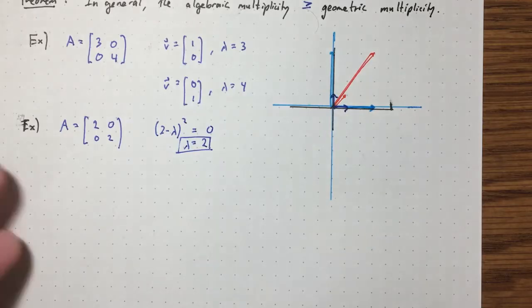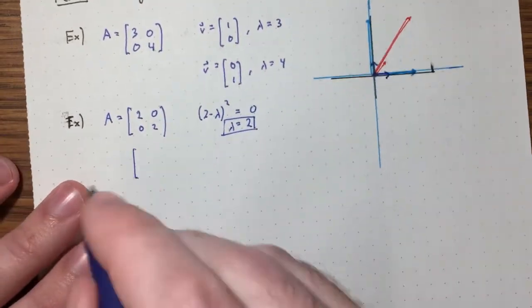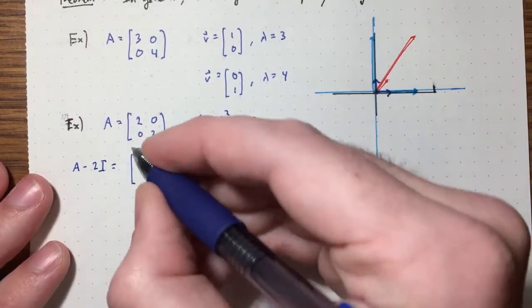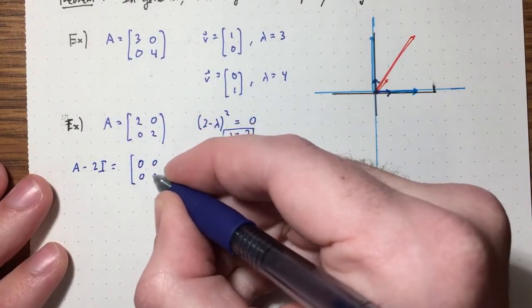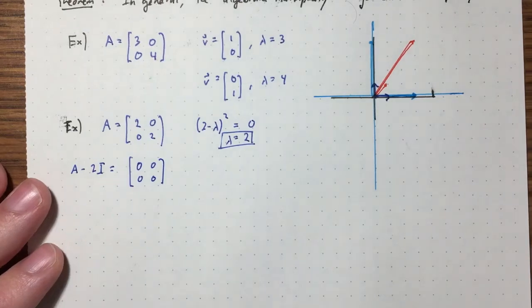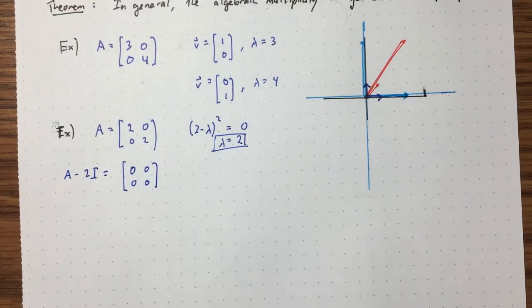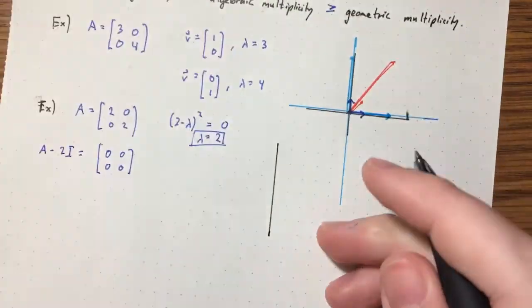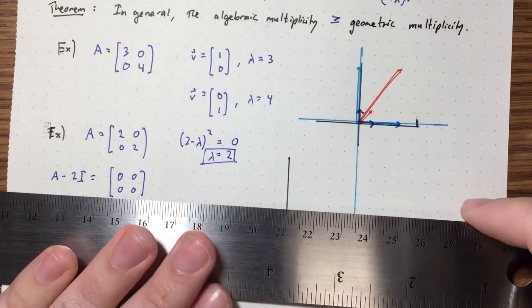But what are the eigenvectors? If I do A minus 2I, I get this crazy looking matrix. It's just all zeros. Which means, what is in the null space of this matrix? That's how I find my eigenvectors.